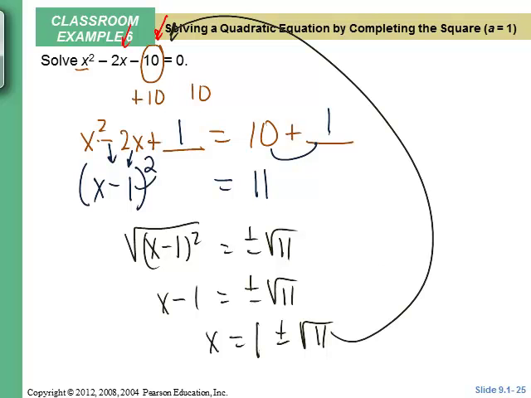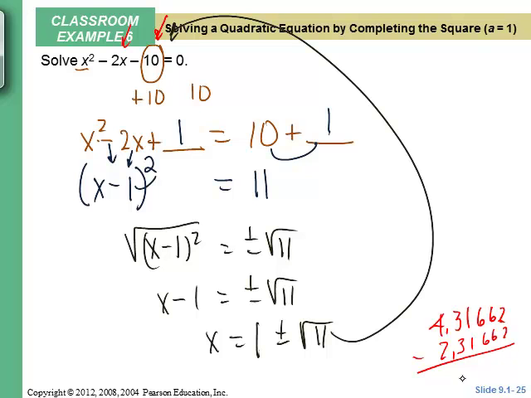But if you press this, 1 plus the square root of 11, you get 4.31662. And then 1 minus square root 11, you get negative 2.31662.